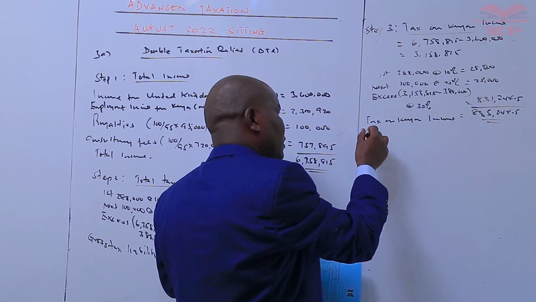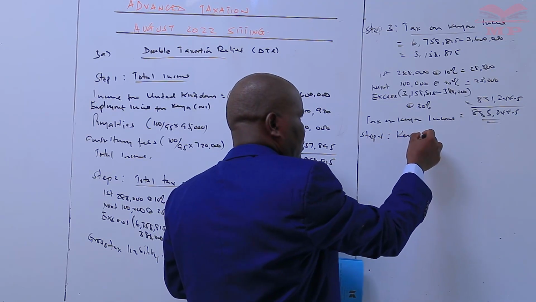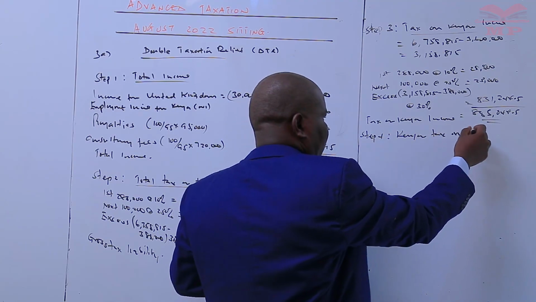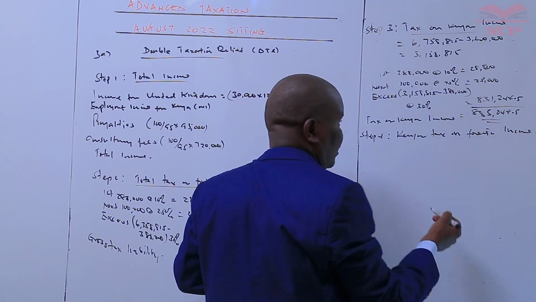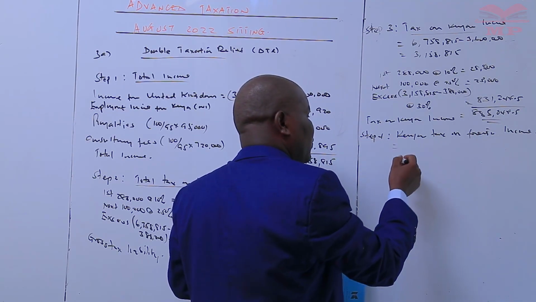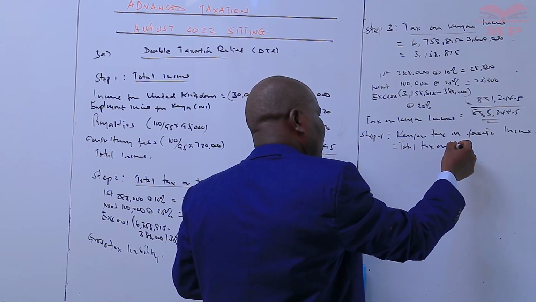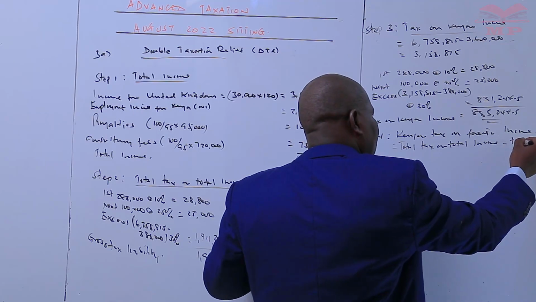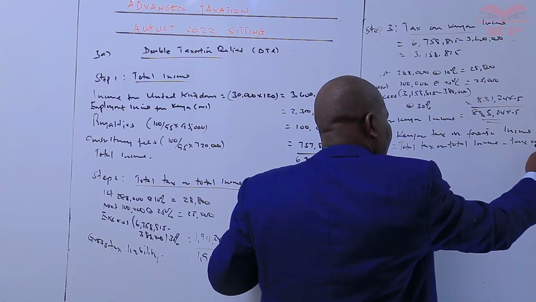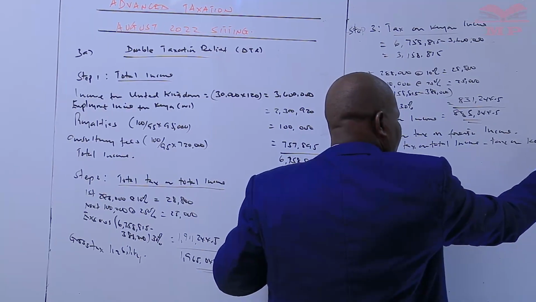Step 4 is to compute Kenyan tax on foreign income. The simplest way is to do total tax on total income less tax on Kenyan income.